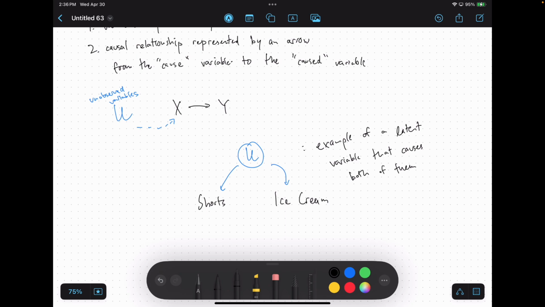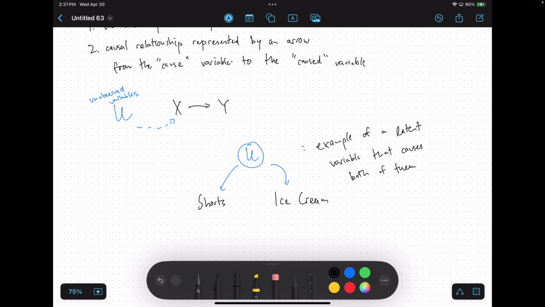And if it so happened that you could easily deduce what variable was causing both of them, as in this case, then you could just throw that into the model, and then potentially derive some kind of causal relationship between these variables.